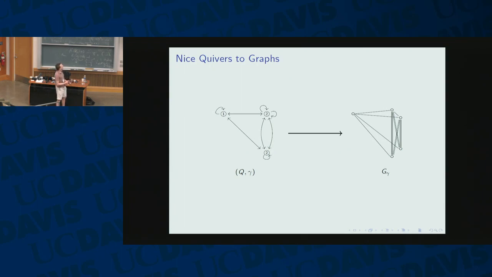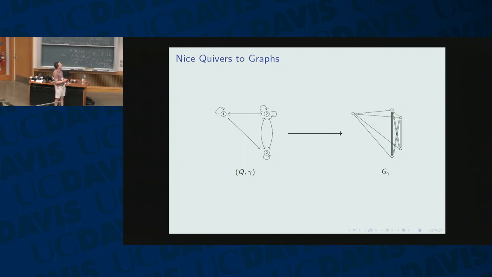First, let's assume you have a nice quiver and a dimension vector. I'm going to build a graph, G gamma, from this data. So the basic idea is I look at the numbers appearing in my vertices, and each number is going to give rise to a family of vertices in my graph, right? So this 2, for example, gives rise to 2 vertices over here. If it was a 7, I'd have 7 vertices.